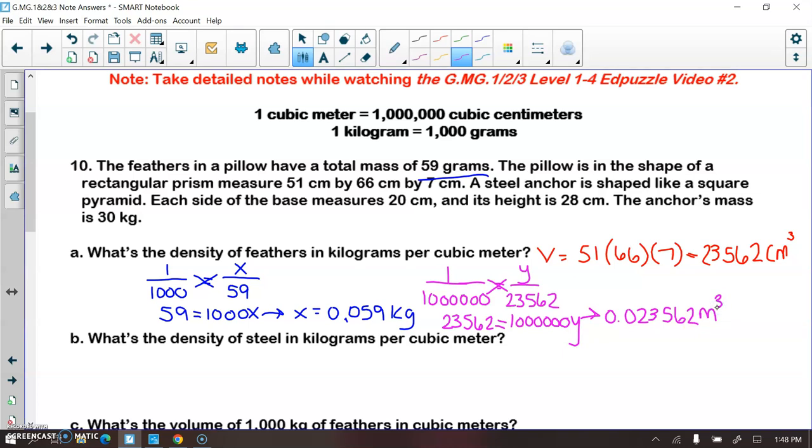Okay, so now I can find my density of the feathers in kilograms per cubic meter by doing my mass, which is 0.059, over my volume, which is 0.023562.